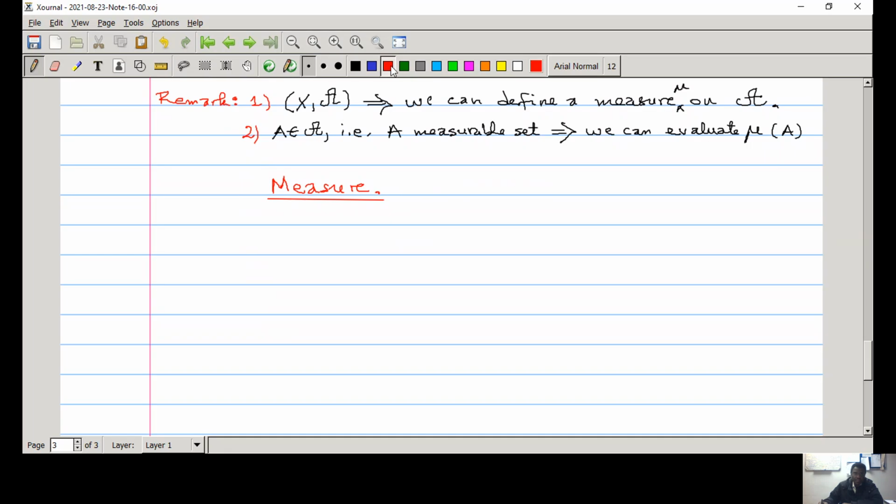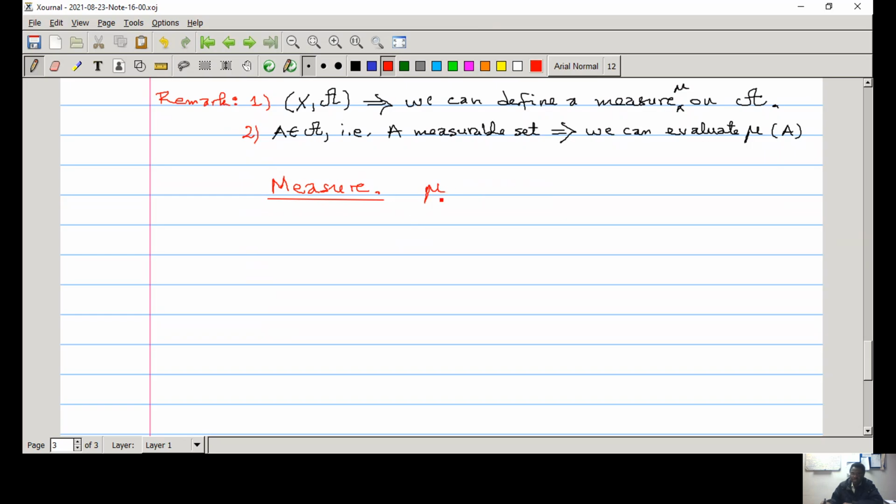So a mapping mu, right? Remember that mu, when you write it like this, is the letter M in Greek, and when you spell measure, the first letter is M. So in general we use mu, like M, to represent a measure.